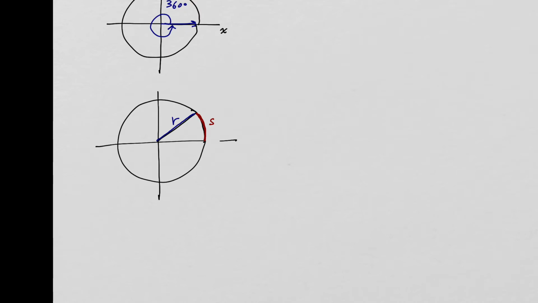And then let's say the angle is this angle right here. This is theta. So in radians, this angle is defined to be the ratio of the arc length, S, to the radius.